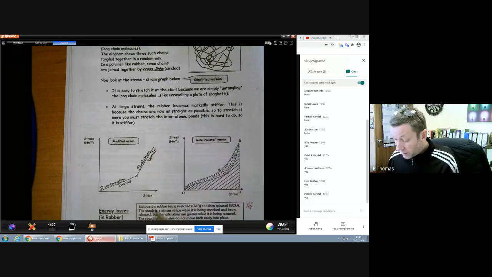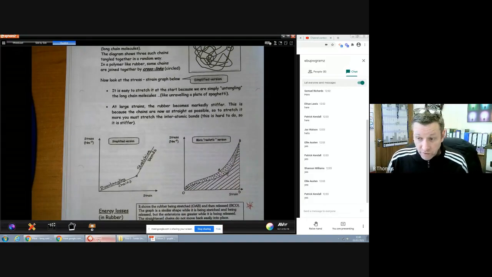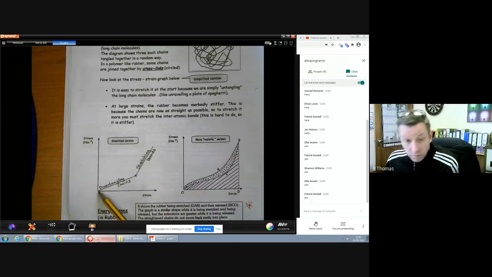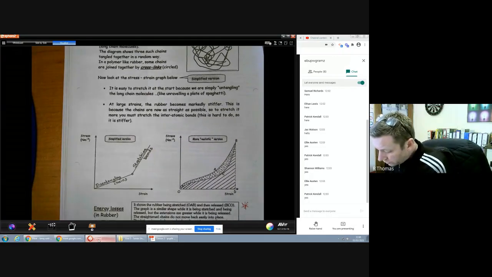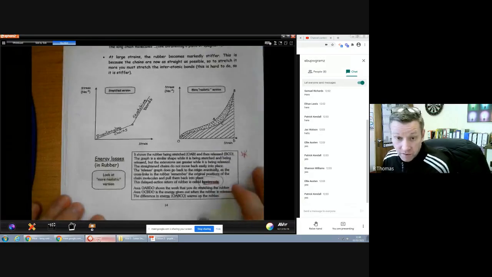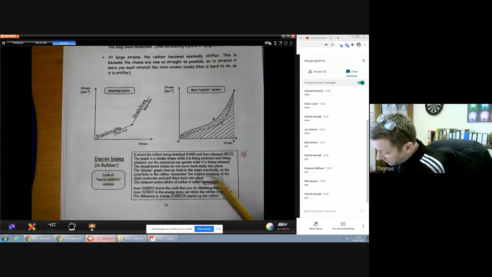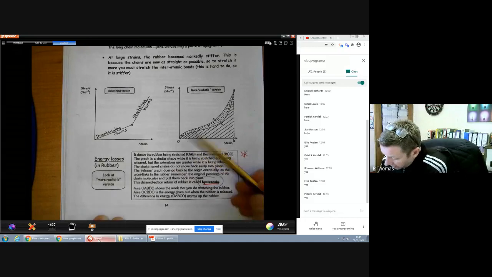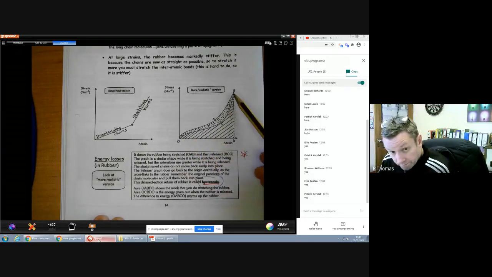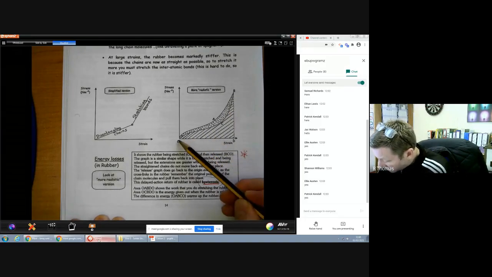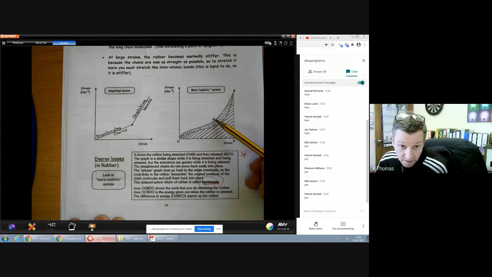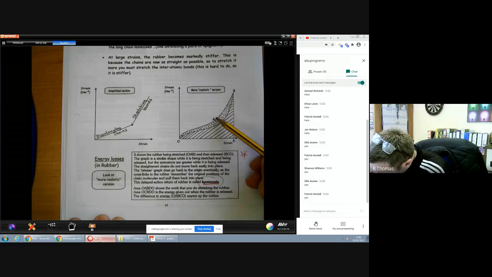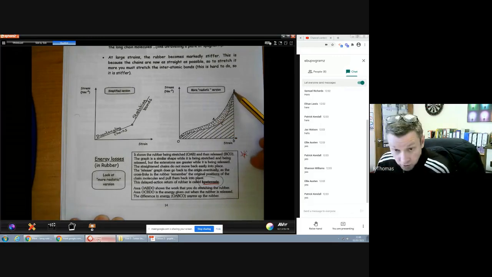And of course, we know that when we let go, as long as we haven't reached the elastic limit, it will still go back to the original form. Now that's a very crude version of it. The more realistic one that you will need to regurgitate on your exam looks like this. It's a bit more of a curve. So here is disentangling the chains, and at this point here, they are not tangled anymore. And now I'm starting to stretch the bonds up to this point here.